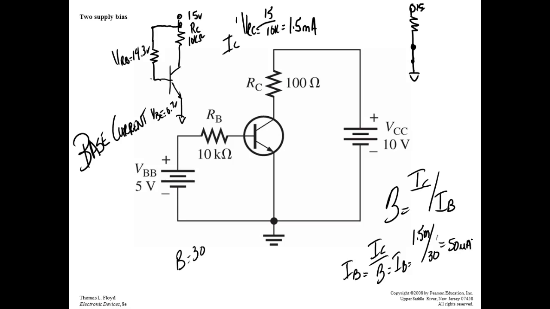R is equal to V over I, 14.3 divided by 50 microamps. 270K. I think that's a standard resistor.